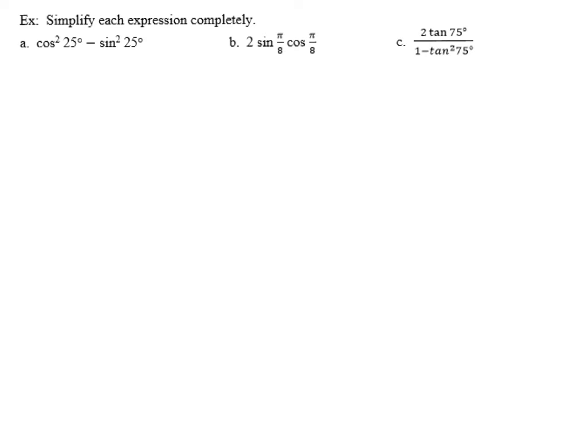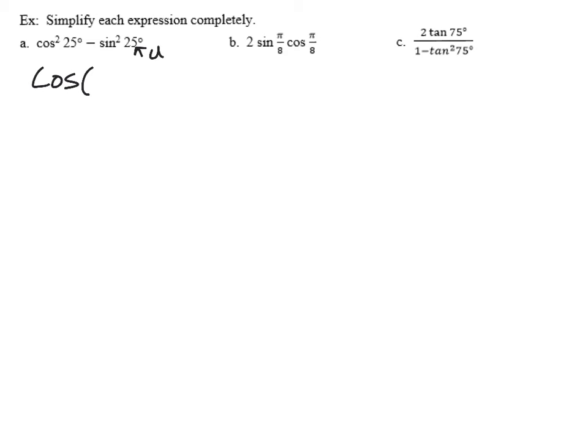All right, let's simplify each expression completely. Cosine squared of 25 minus sine squared of 25. Basically what I'm looking for is, of the formulas we had on the previous page, which one does that match? It matches one of the cosine forms for a double angle. So this is going to be equal to cosine, but this looks like the right side of the formula, so I have to jump over to the left side.